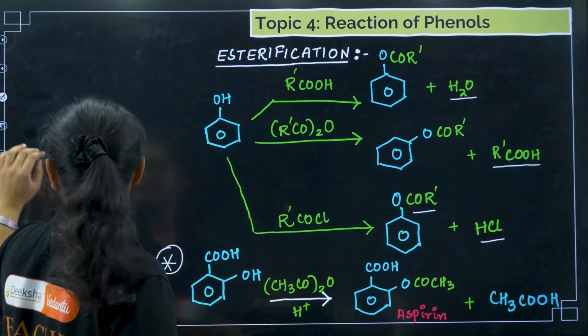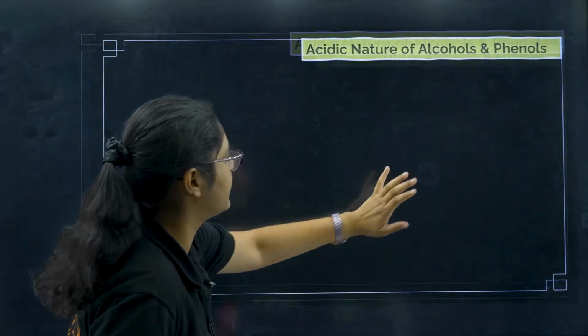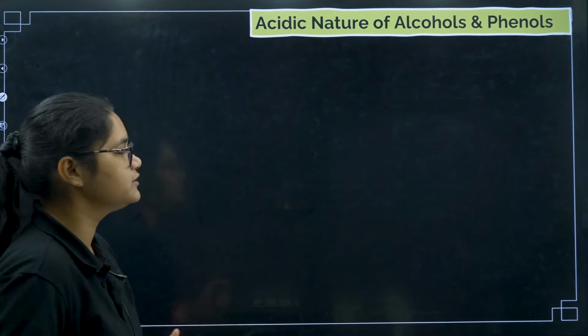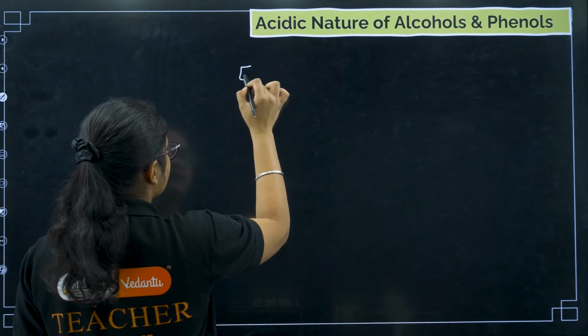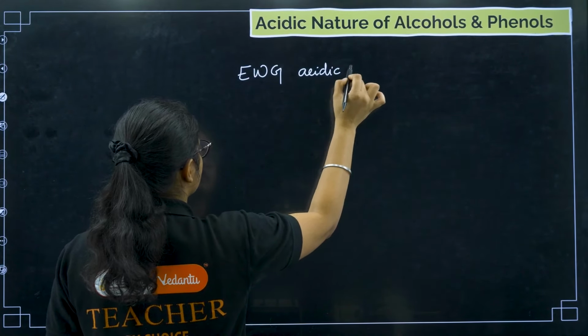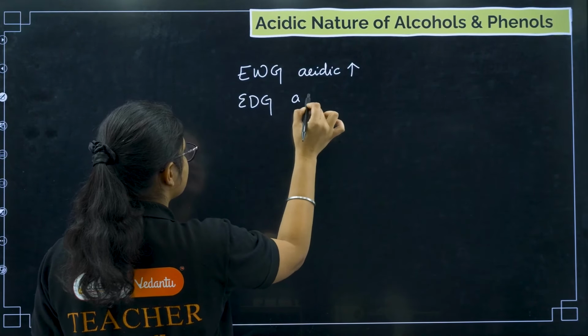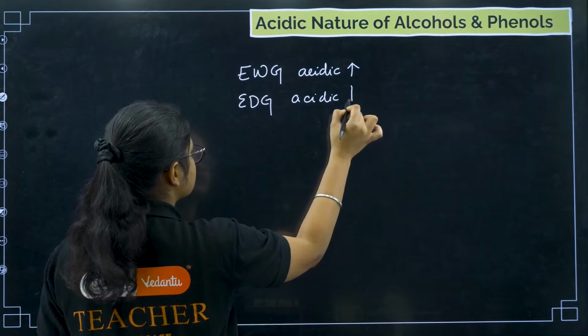If I want to summarize, before that let me talk about the acidic nature of phenols and alcohols. Remember, if we have an electron withdrawing group, then acidic nature will increase. If you have an electron donating group, acidic nature will decrease. That's what you have to know.